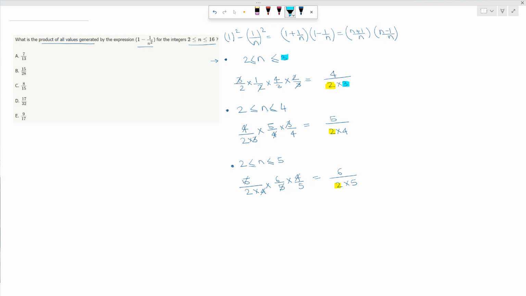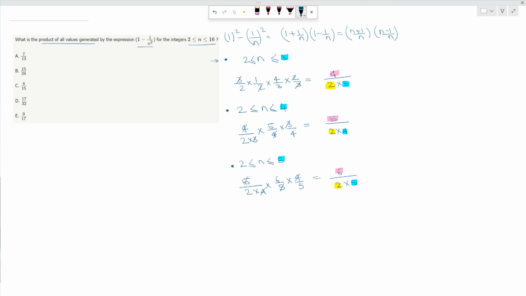So in this case it was 3, in this case it is 4, in this case it is 5. The third observation is that the numerator is 1 plus the nth term. So 4 is 3 plus 1, 5 is 4 plus 1, and 6 is 5 plus 1. So we already see there's a pattern.